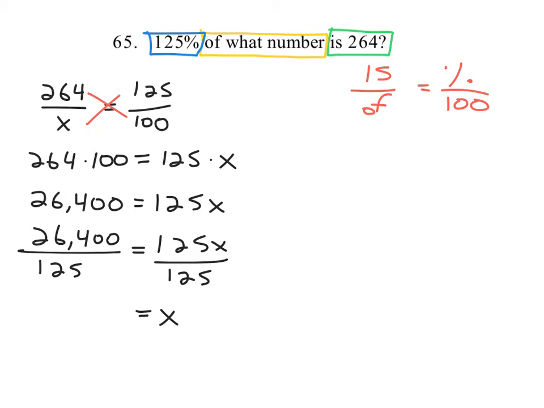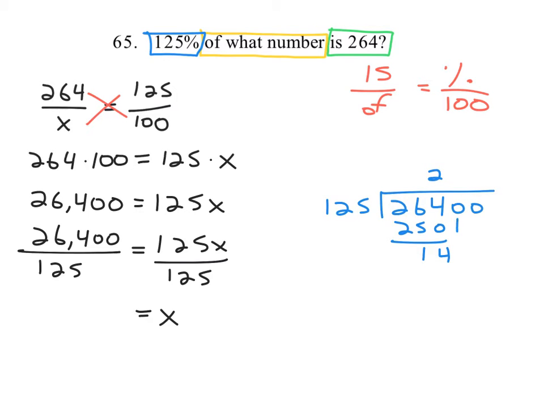Since I'm not really sure what that math is, I'm going to do it over here on the side. 125. Well, I know 125 times 2 is 250. So it will go into 264 2 times. That's 250, leaving us with 14. Now I bring down the 0. How many times does 125 go into 140?